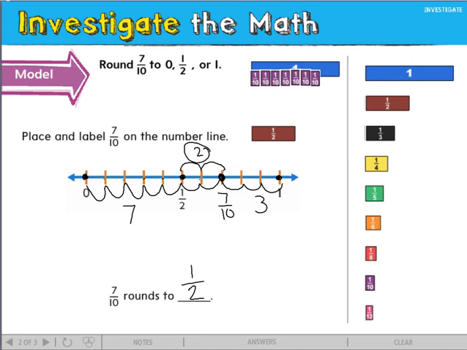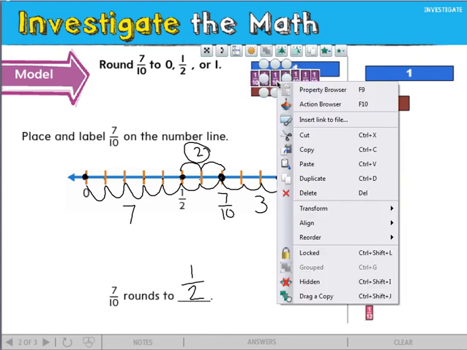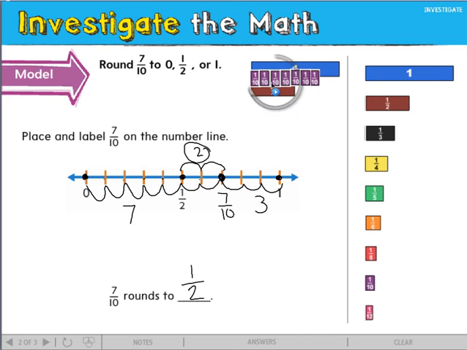Okay? And then we take this up here. And I don't have these lined up very well. If I had these lined up better, the 5 would be right there. There'd only be 2 over here.